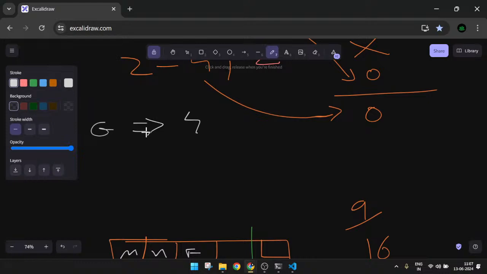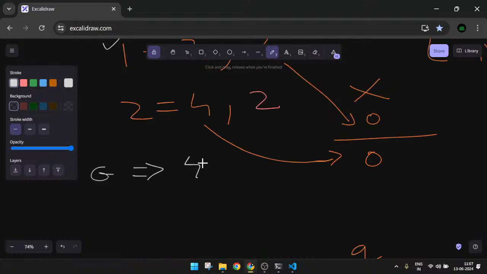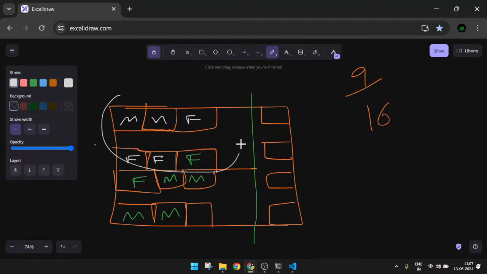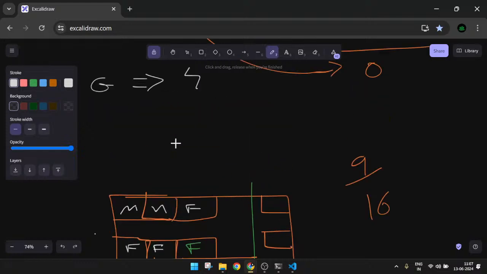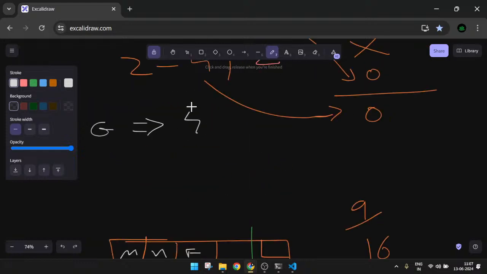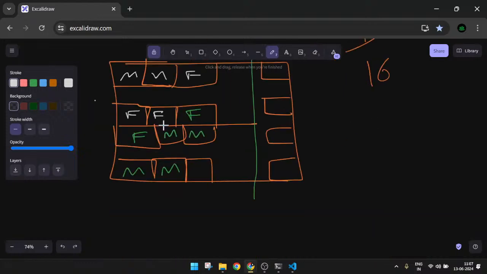If a group has greater than or equal to 4 members, they will get their own compartment. I'm sorry, compartment. They will get their own compartment if the group has more than or equal to 4 members. So they'll get their own compartment.